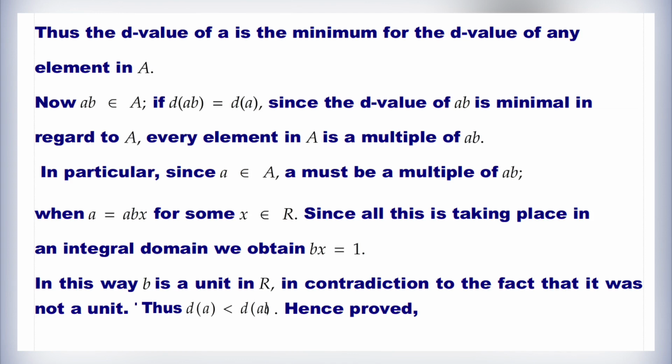In particular, since A in the ideal must be a multiple of AB, we get A equal to AB into X for some X in R. Since all this is taking place in an integral domain, we obtain that Bx equals 1. In this way, B is a unit in R, in contradiction to the fact that it was not a unit. Thus, D of A is less than D of AB, hence proved.